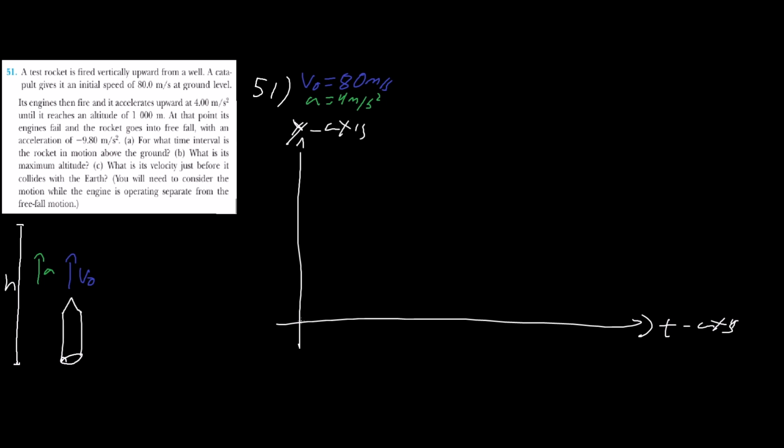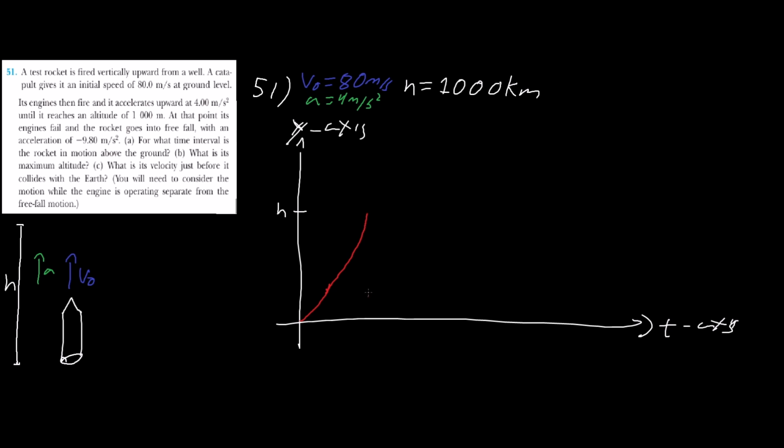And it has an initial velocity, so it's going to start going upward until it reaches a height of 1,000 meters. So that's going to be the height h.